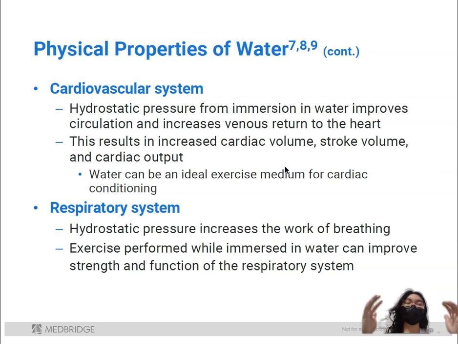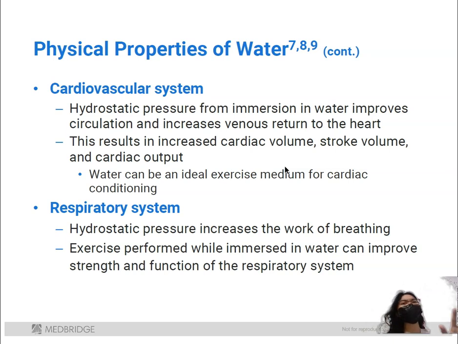Therefore, mas nagsistay yung contents nung blood vessel within it. Therefore, mas na-enhance natin yung circulation. And that results to increased cardiac volume, increased stroke volume, and by totality, you increase the cardiac output.